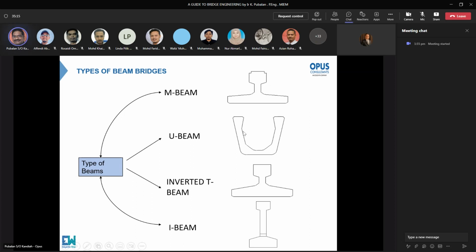You have U, inverted T, you put up the T in an inverse way, that means what they call T yang terbalik, and you have an I beam where the shape of the cross section is an I. This is the common type of beams found in bridges.